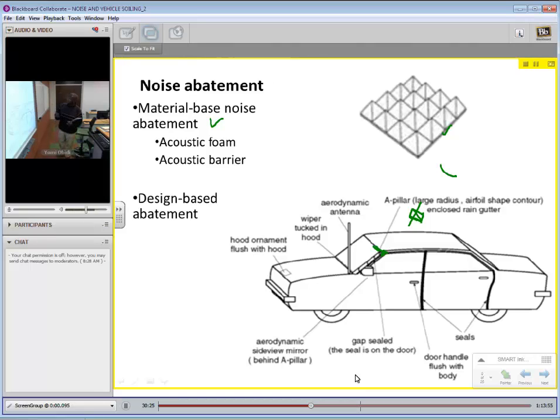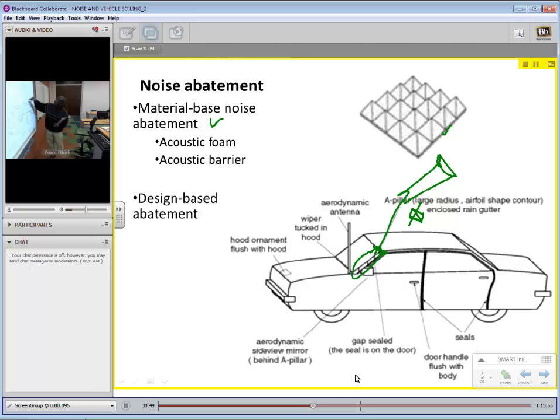The smaller the radius, the sharper the tendency for it to become, and therefore the greater the source of drag and of noise. So it should have a large radius. That will be your A-pillar. Okay, this section will be there. That will be your A-pillar, large radius, and has an airfoil shape. Again, you have something like that. You have an airfoil shape in it. So that would be the close of the A-pillar.